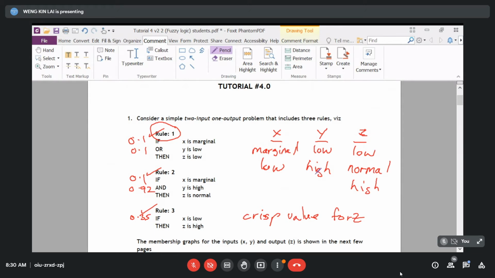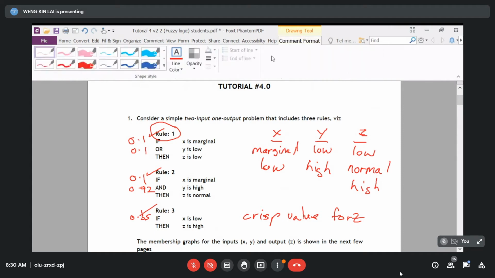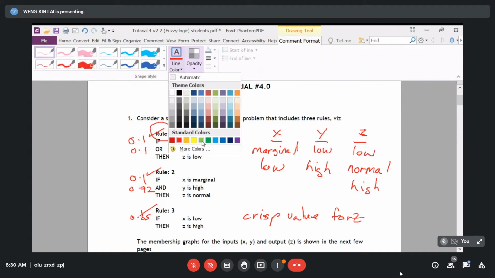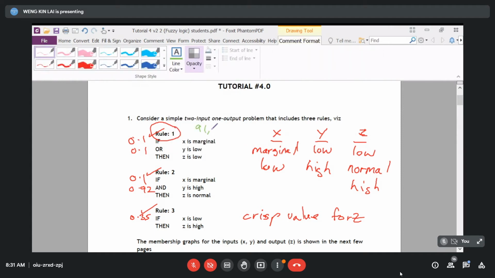So you see here, I have this rule number 1. It says that if X is marginal or Y is low, then your Z is low. So we figure out the membership of X when X is 91,000. Draw this here. Maybe I change the color. So 91,000, and then Y is 34.